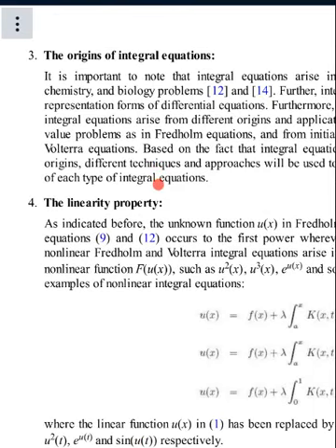The third remark is related to the origins of integral equations. It means that we want to know which kind of application Fredholm or Volterra integral equations come from.